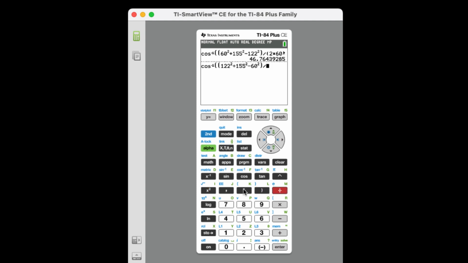Close that, divided by parentheses, 2 times 122 times 155. Close that twice, and ladies and gentlemen, what do you guys get for angle B to the nearest tenths? You guys know what that's going to be? I think it's going to be exactly 21 degrees, right? It's going to be 21 degrees.